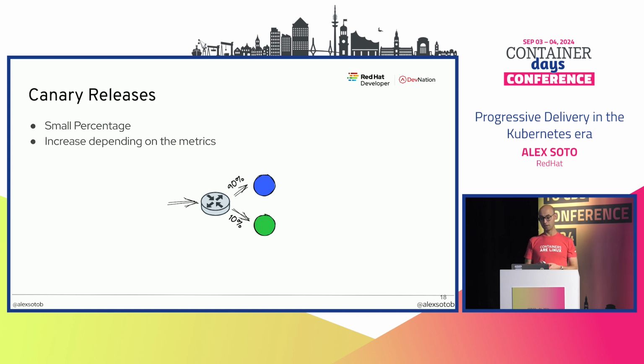But of course, you see that if there is in this new version 2 an error, okay, you're just sending 10% of the traffic to the version 2 and you detect an error, 10% of your users will get this error. Of course, if you've got like maybe 10 requests per second, that's fine. But if you've got like, I don't know, 1,000 requests per second, then 10% is a lot of requests that are going to fail.